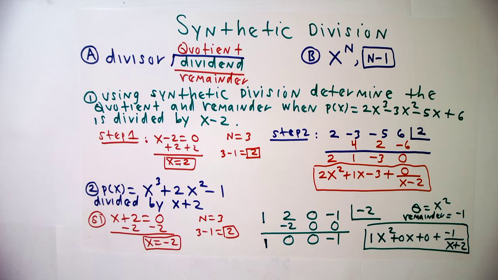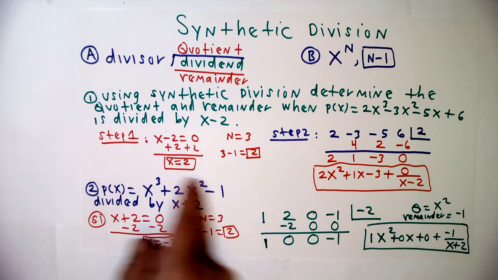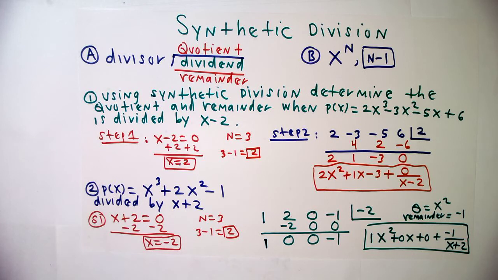And by the way, sometimes if you want to check your work, all you need to do is take that quotient here and multiply by that divisor, and then you add the remainder, and you should be able to get our original problem.